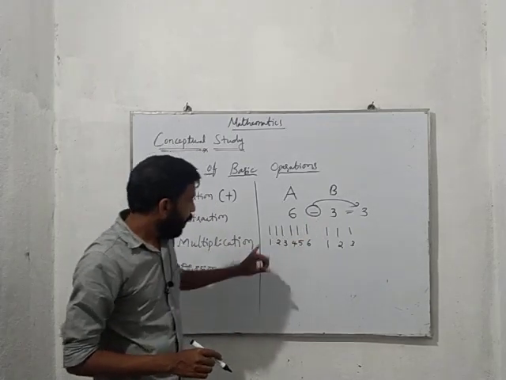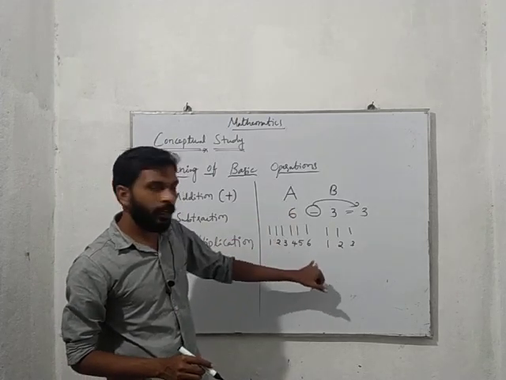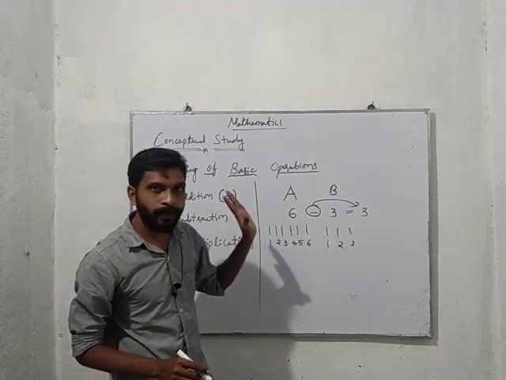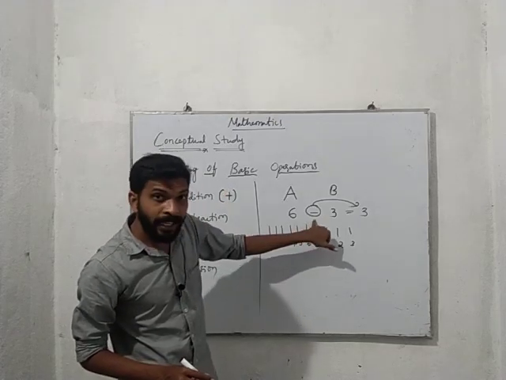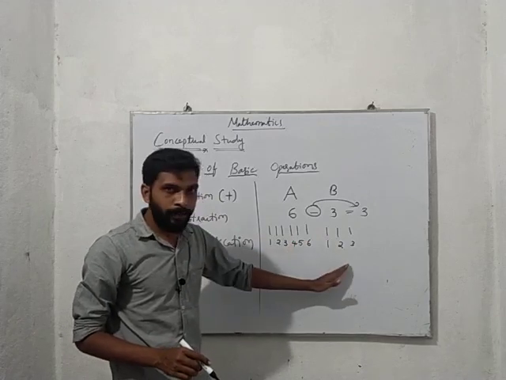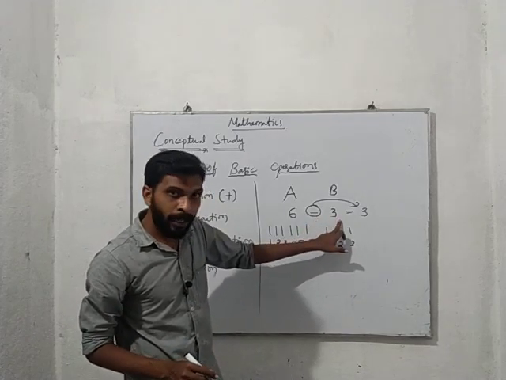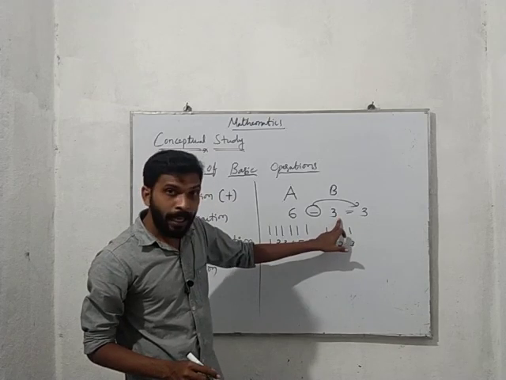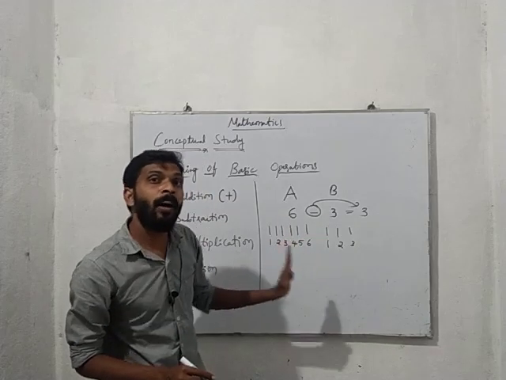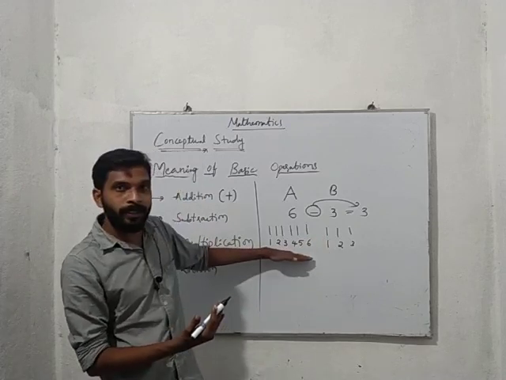For A, he has 6 chocolates: 1, 2, 3, 4, 5, 6. Then this minus is going to tell us that whatever number you have after this symbol, that many you must stop counting, from right to left, from the first one.